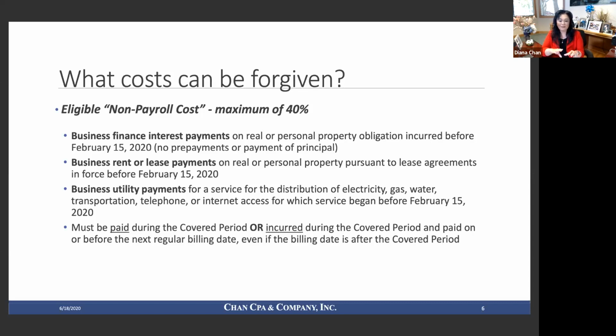Again, I just wanted to make sure you understand that these non-payroll costs must be paid or incurred during the covered period, not the alternative covered payroll period, but during the covered period. And so that's very important for you to know too.